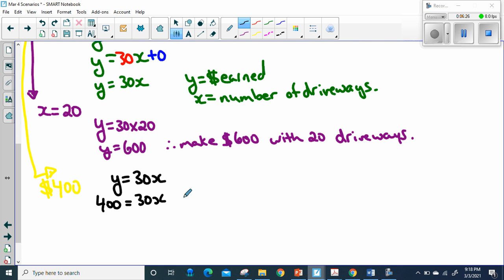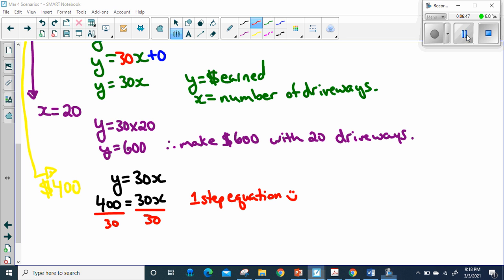Oh, look at that! When you stick it in, we now have a one-step equation. Good thing we've been working on those. So that means right now I've got 30 times x. The opposite is divide. So I'm going to divide both sides by 30. Okay, so I've got 400 divided by 30. So that gives me 13.33333 equals x.